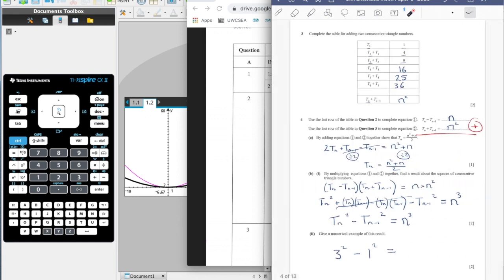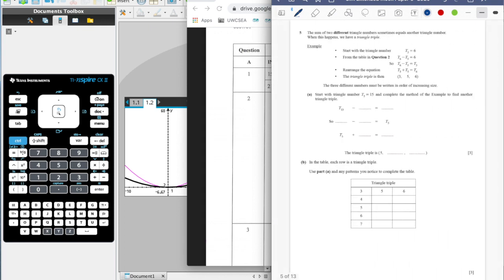And so that should be the same as n cubed. That's what we worked out. Let's have a look. 9 minus 1 should equal 8. And 8 does indeed equal 8. So we can say yes, that's correct. So that's a numerical example of the result. And as I say, that link between Tn's and n's is going to unlock the rest of this paper for you. Okay.